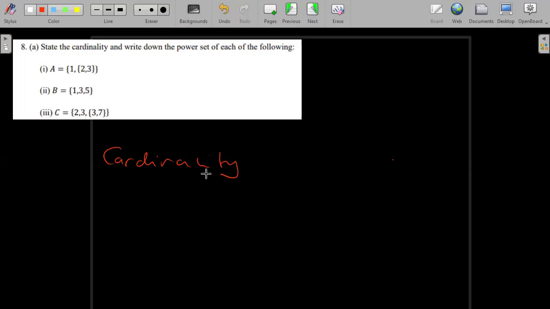Cardinality is just the number of elements that sit in your set, and it's denoted as n(A) like this: the number of elements in the set A. Then the power set is the set of all subsets that you have in your set.